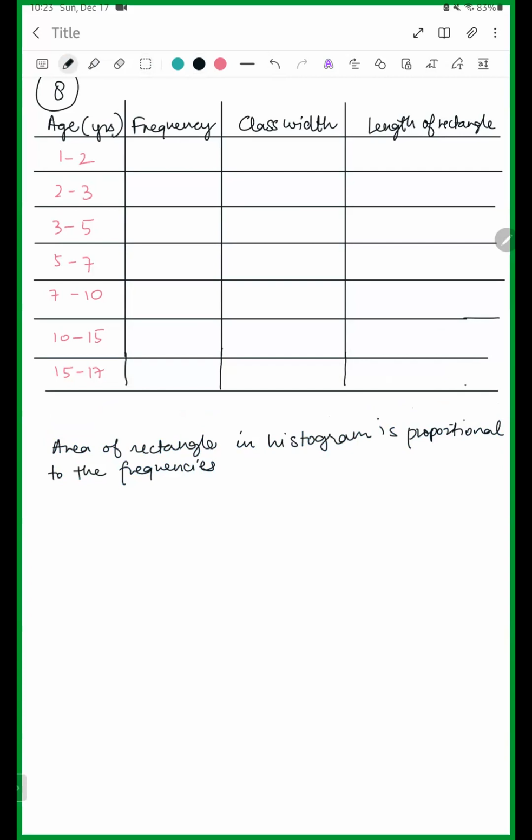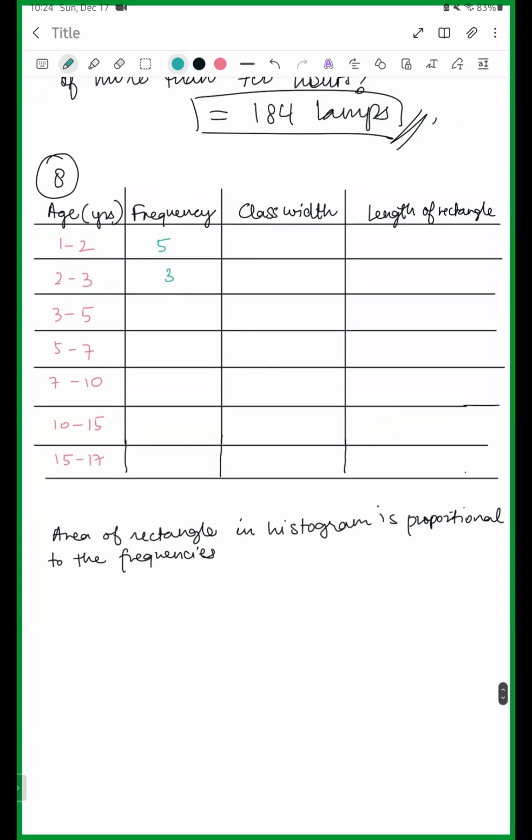Frequency is already given in the textbook: 5, 3, 6, 12, 9, 10, 4.